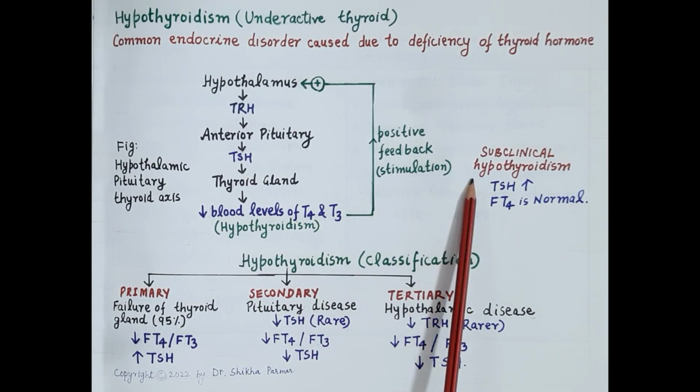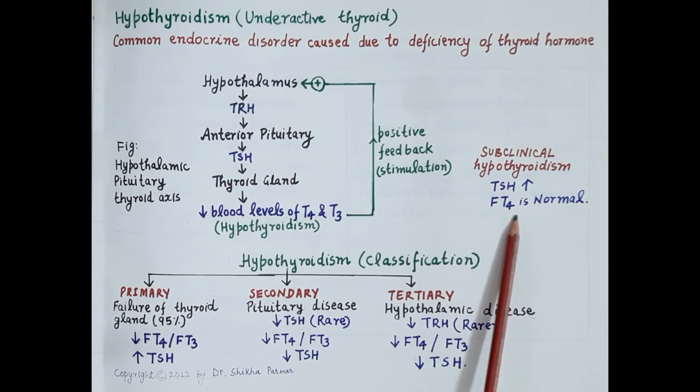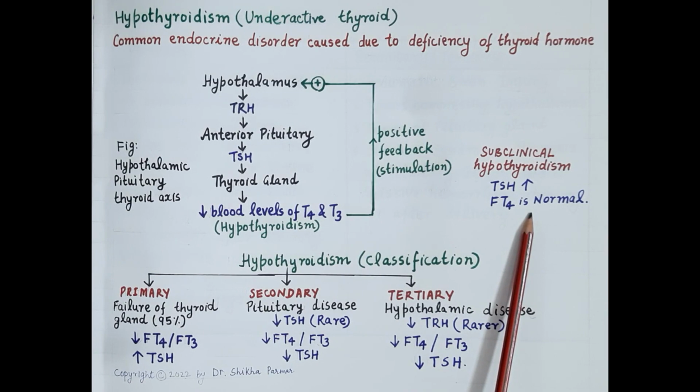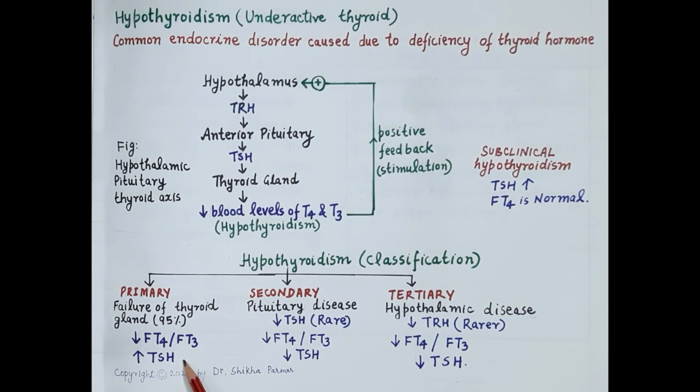Now during subclinical hypothyroidism, constant stimulation of thyroid gland by increased TSH keeps the secretion of T3 and T4 normal. But over a period of time, even high secretion of TSH is unable to prevent the deficiency of T4 and T3.